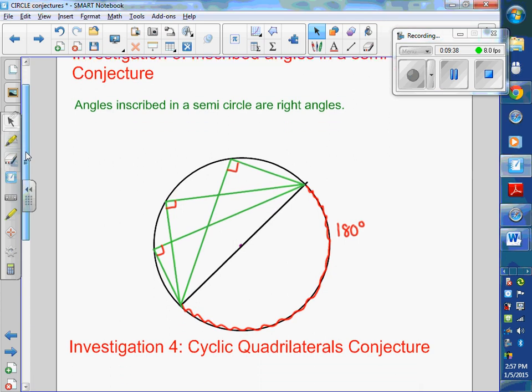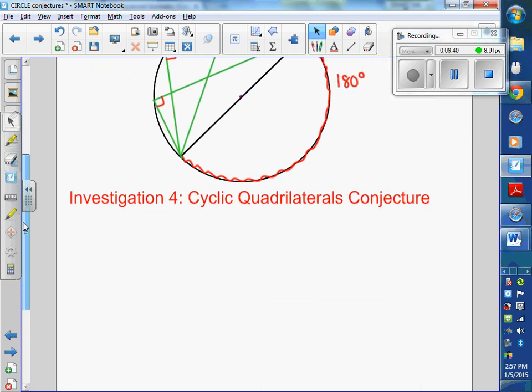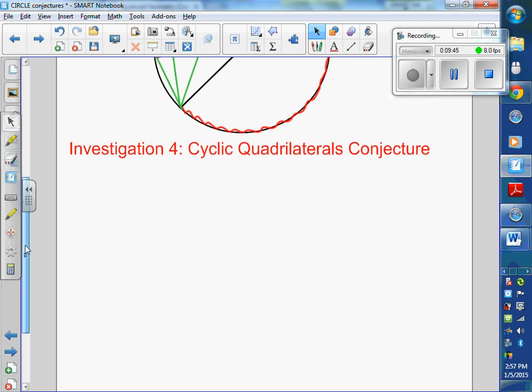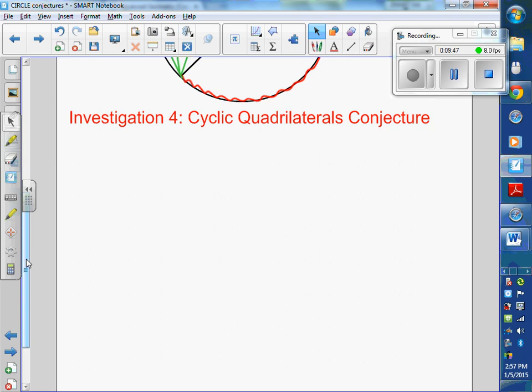Okay, let's look at this fourth conjecture. So we have to understand what a cyclic quadrilateral is to do this conjecture. So I'm going to take a circle and draw a picture of it.